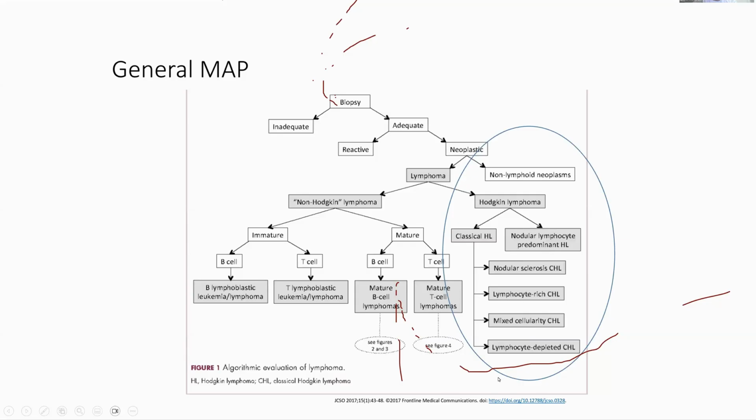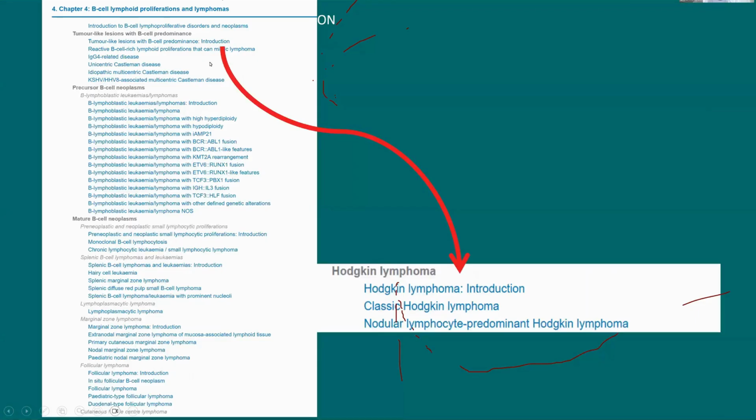And that's what we will be talking about here: the classical Hodgkin lymphoma, or the nodular lymphocyte predominant Hodgkin lymphoma. As I mentioned before, I based my talk on the WHO, and that's under B-cell neoplasm. There is a chapter called Hodgkin lymphoma that will include classic Hodgkin lymphoma and nodular lymphocyte predominant Hodgkin lymphoma.